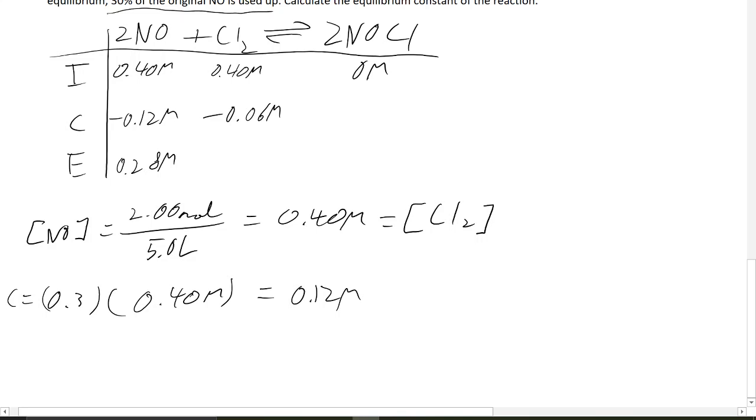And that gives us 0.34 molar. For the NOCl, it has the same coefficient as NO, so it has the same change. But since it's on the opposite side from NO, which has a negative change, this one should have a positive change. If one side is losing concentration, the other side is gaining concentration. So the equilibrium is 0 plus 0.12, which is 0.12 molar.